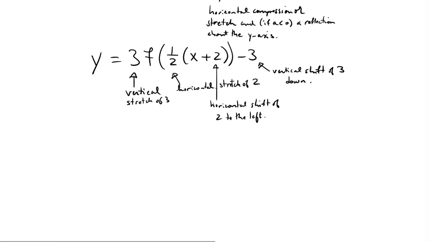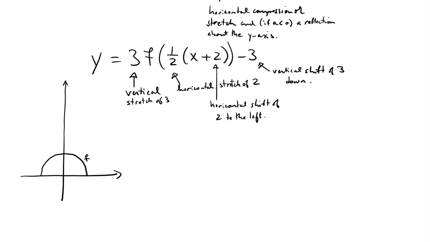What I like to do personally is do it step by step. So we start with this. This is f, and you can stretch everything by 3. Maybe I should extend this line. So stretch by 3, 1, 2, 3, you're going to get something like this.